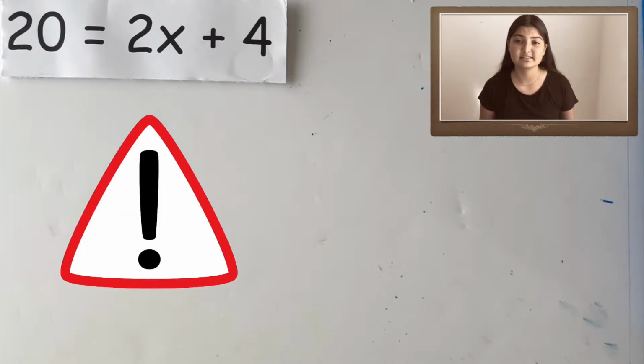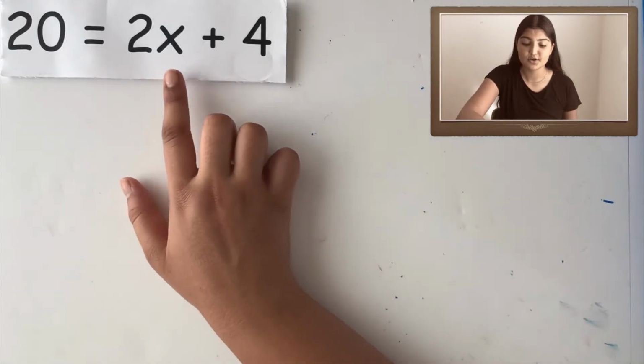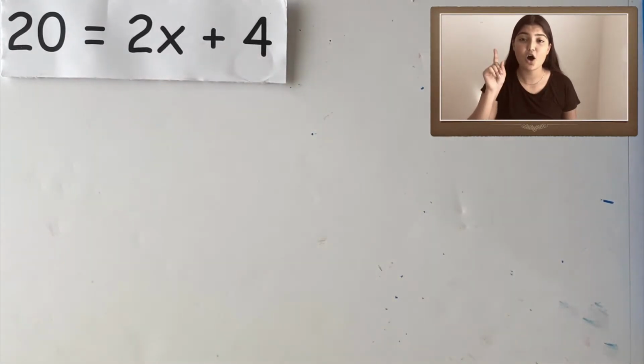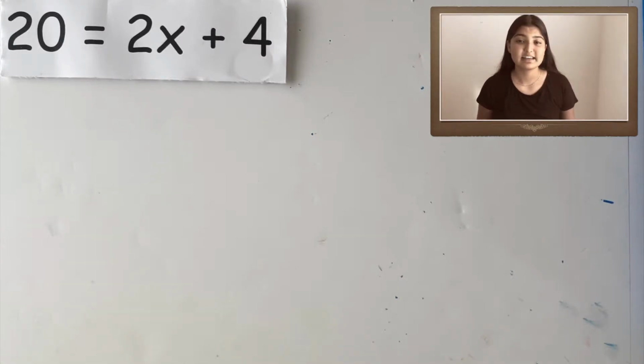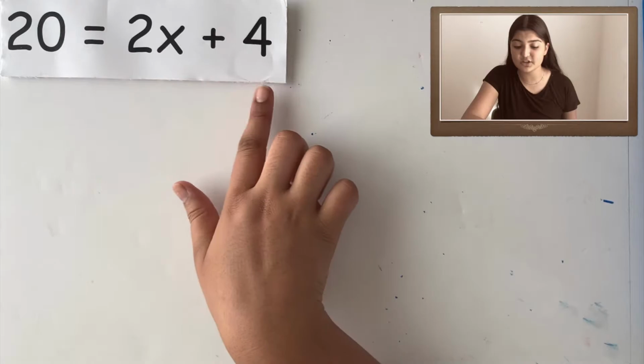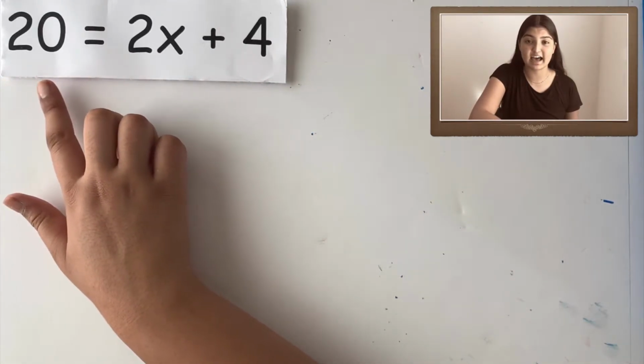Keep in mind that when solving an equation, we want to get the value that's missing, or the variable, alone on one side of the equation. It doesn't matter which side we pick. The variable can be alone on the right side of the equation or on the left side of the equation.